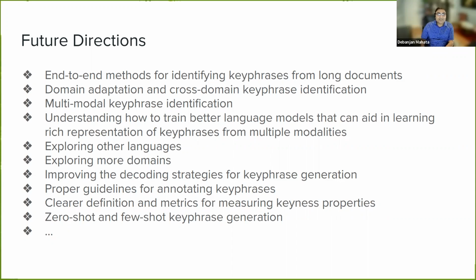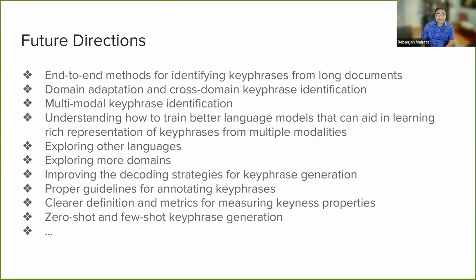Then, understanding how to train better language models. I'm very excited about language models, because what I see is that these language models really bump up the performance, and I think there's much that could be obtained by exploring them more for the tasks of keyphrase extraction and generation.